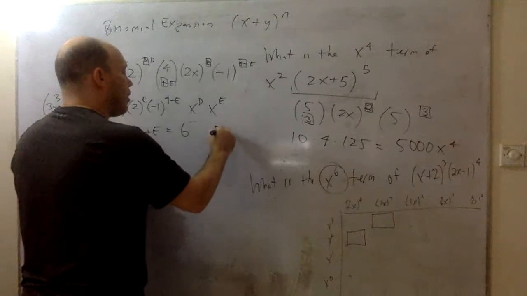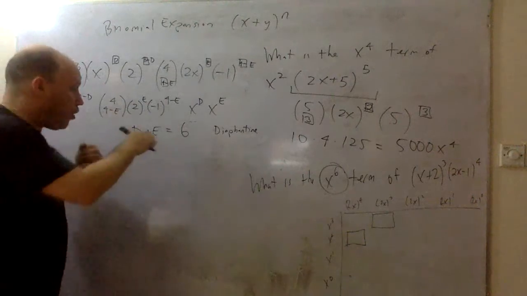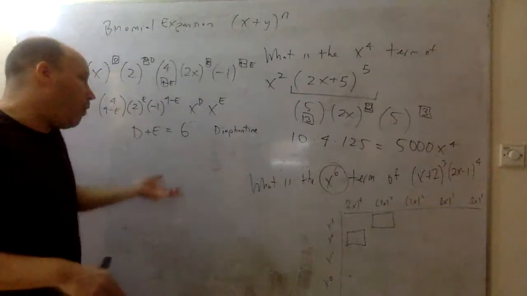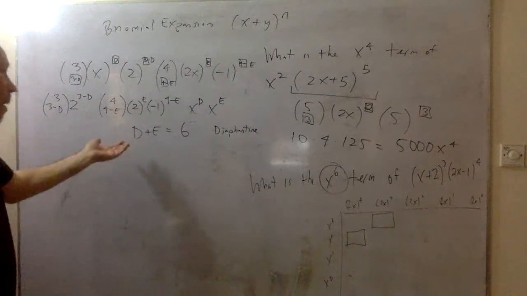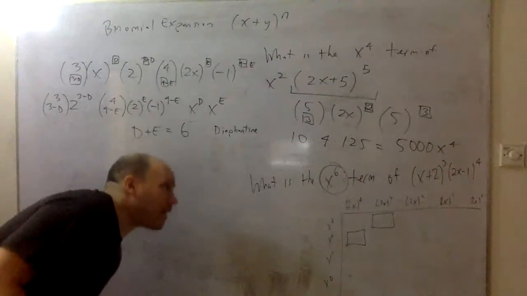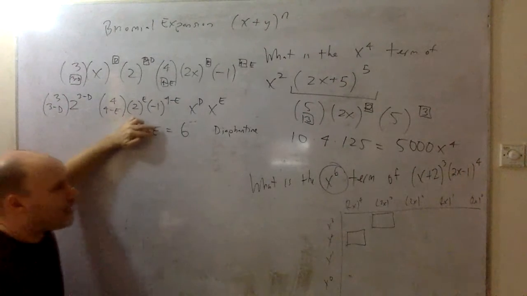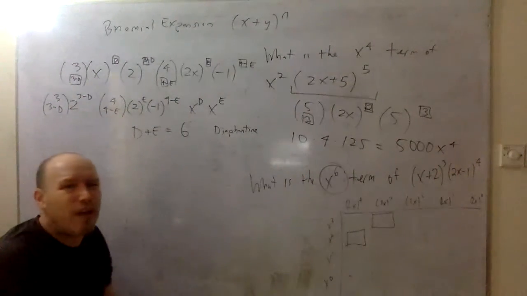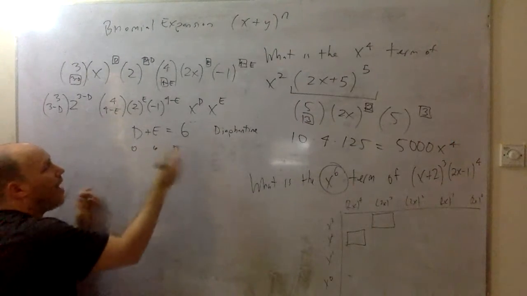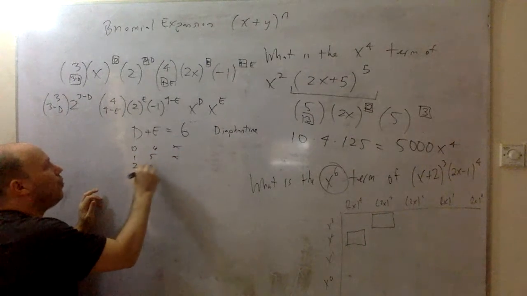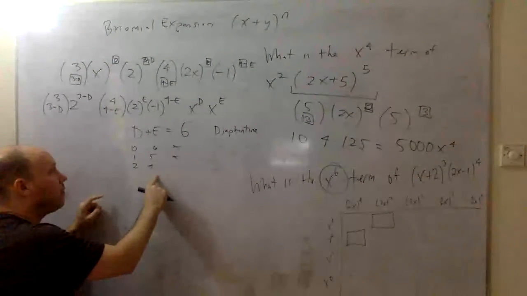Now, this is known as a Diophantine equation, which is simply these types of linear-looking problems with 2 variables with integral solutions. What are the possibilities? We already know there's only 2, but it's really not that bad. How do we get to 6? If D is 0, E is 6, but my exponents only go up to 3 and 4, so I can't use 0, 6. That's out. 1, 5, that's out. 2, 4, that's good.